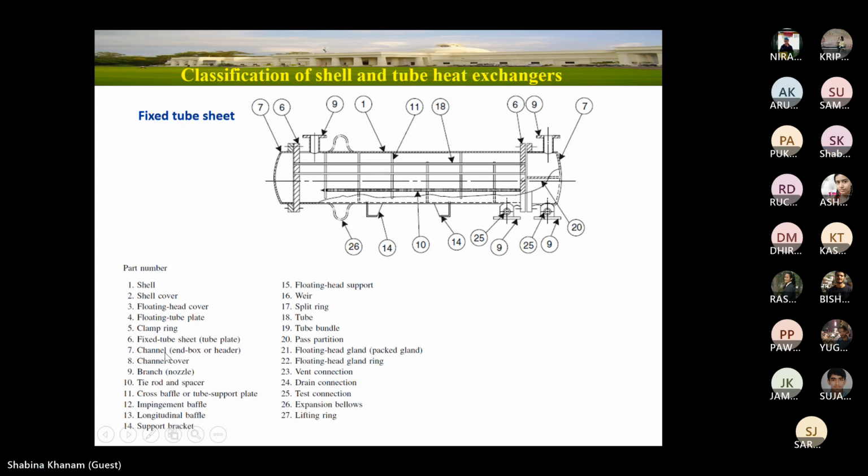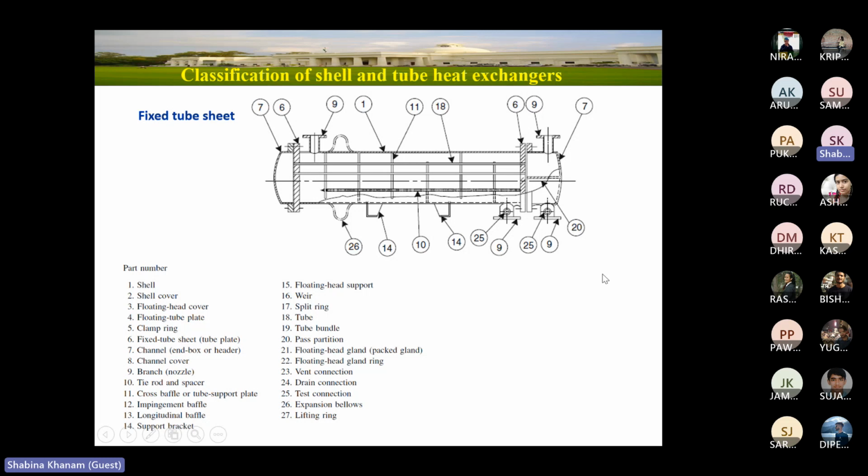This is number 7, the channel, and we also call this a cover. Sometimes channel cover is also defined. Number 8 is not available over here, that will be in a subsequent type of heat exchanger.